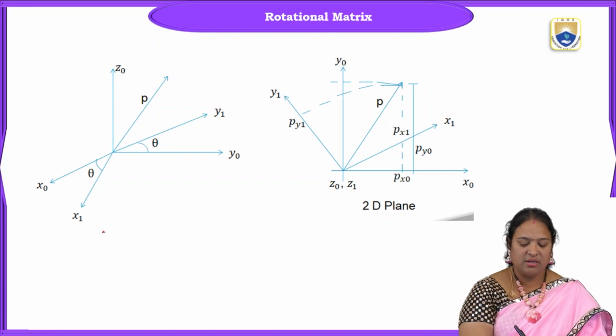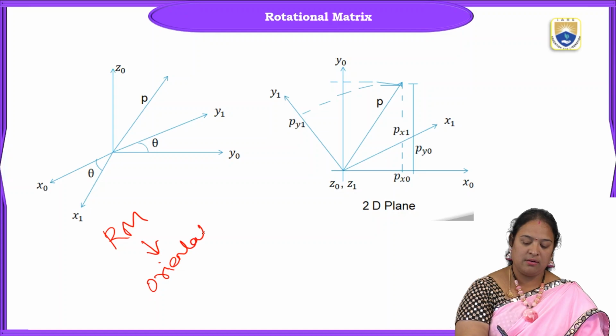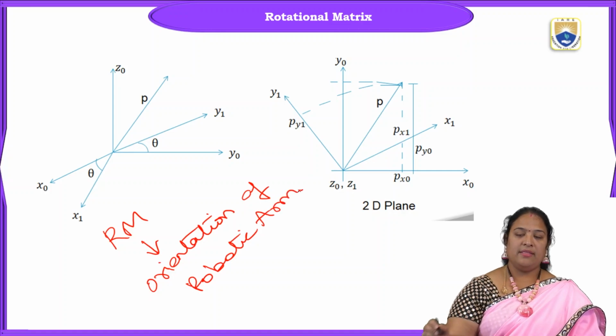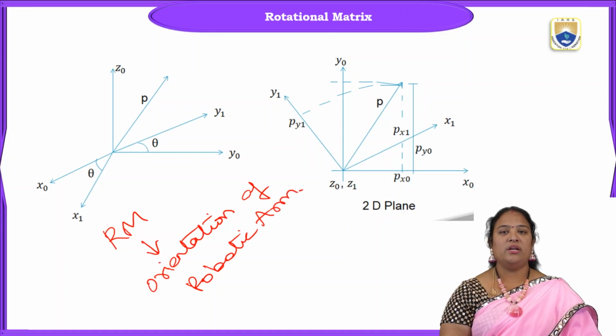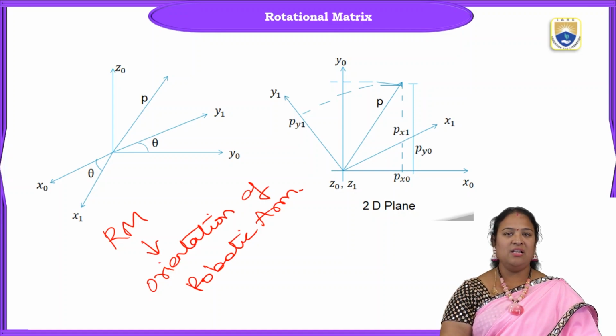That is, the position of the robotic arm will be represented by a rotational matrix.